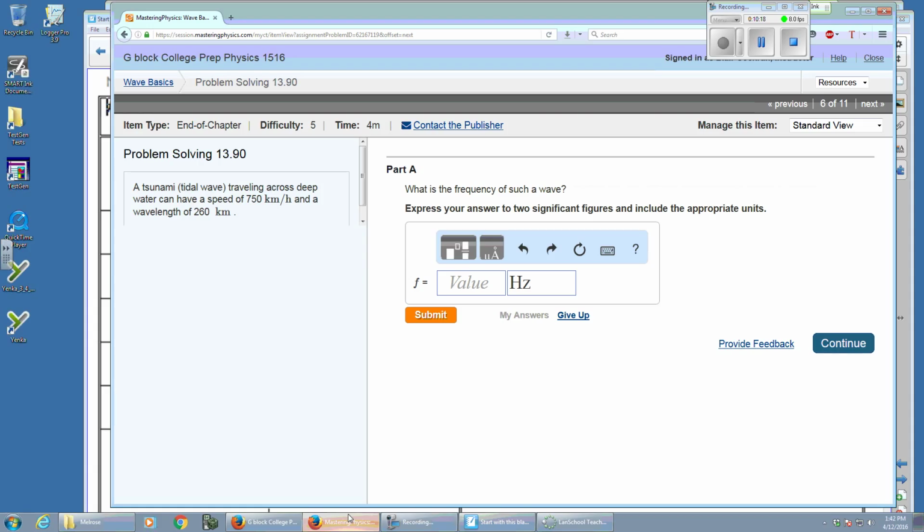A tsunami tidal wave travels across deep water with a speed of 750 kilometers an hour and a wavelength of 260 kilometers. What is the frequency of such a wave? And they want it in hertz.